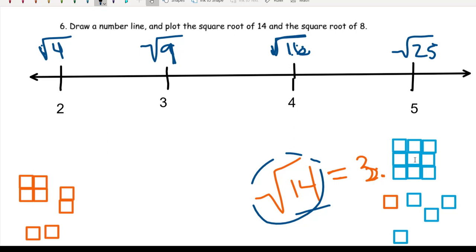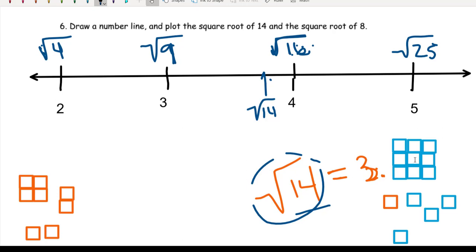Now, which one would it be closer to? Would it be closer to 9, or would it be closer to 16? If you answered it'd be closer to 16, you'd be correct. So we could place the square root of 14 somewhere in that vicinity, 3 decimal something, getting closer to almost 4, which is the square root of 16.